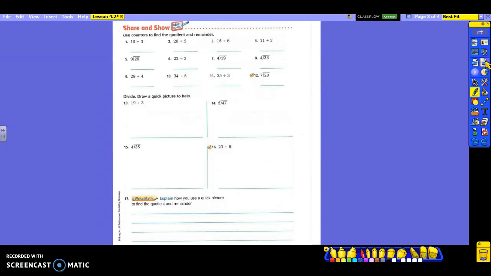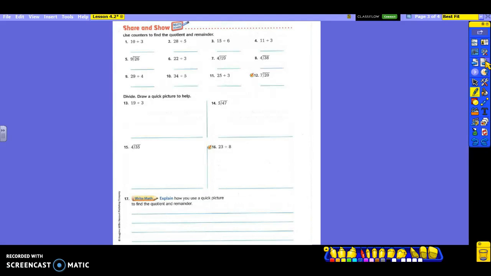Now, before I start on this, I want to show you the different ways that these division problems are written. Now, how many of you have seen both of these ways? Okay, good, because you're going to need to know what number to look at to know how many counters you're going to use or what number is going to be the largest. So you're used to seeing something like number 1, right? 10 divided by 3. That's what we've seen all morning. Look at number 5.